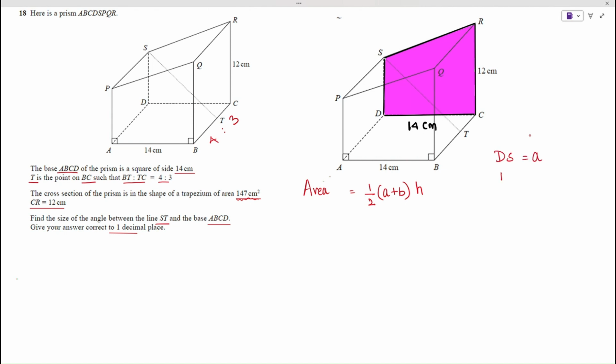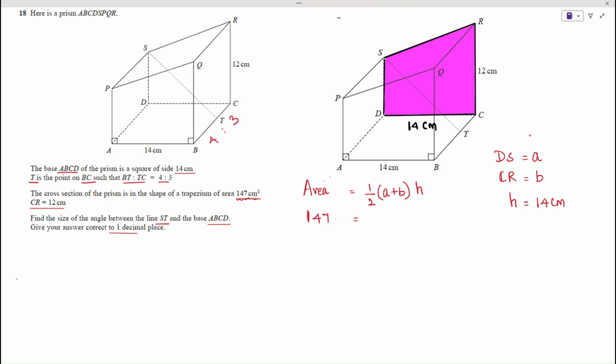So the two sides that are parallel to each other are DS and CR. We can keep DS as A and CR as B. Our height is DC, which is 14 centimeters. And so what we can do is substitute our values in, and rearrange the equation to find A.